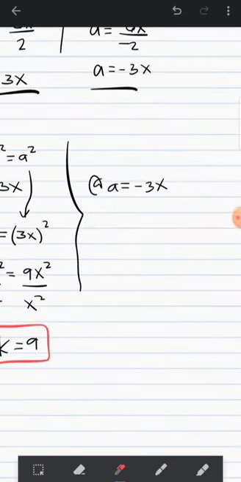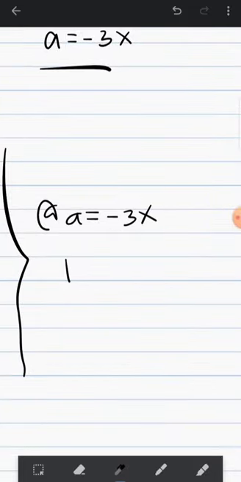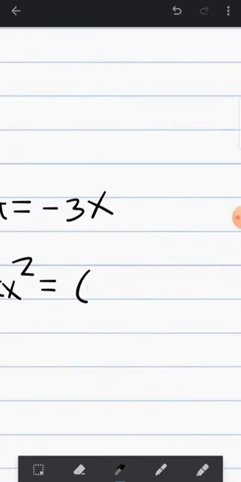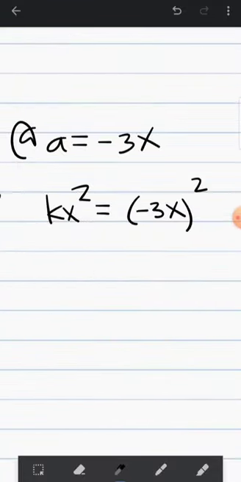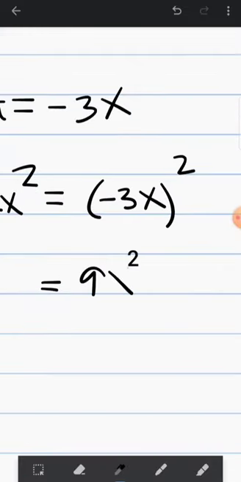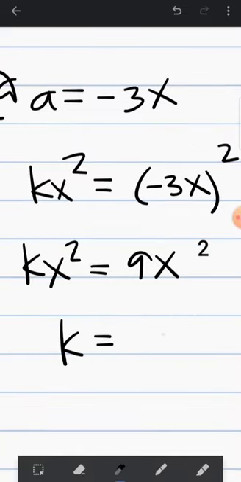And if we do the other side, negative 3x, so this would be kx squared is equal to a squared, so negative 3x squared. So as you can see, it will give the same because negative 3x times negative 3x is 9x squared. And so k is indeed 9.